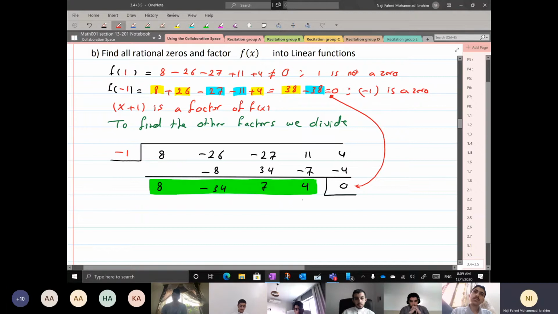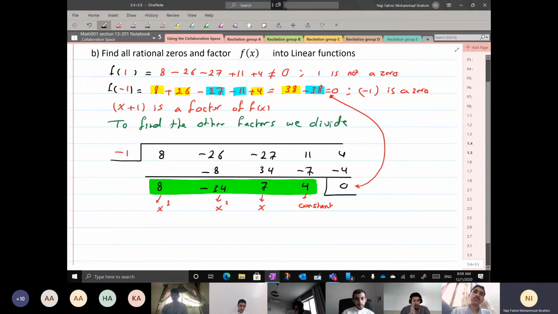Don't forget the last number here is the constant. 7 is the coefficient of x. -34 is the coefficient of x squared. And 8 is the coefficient of x to the power 3.